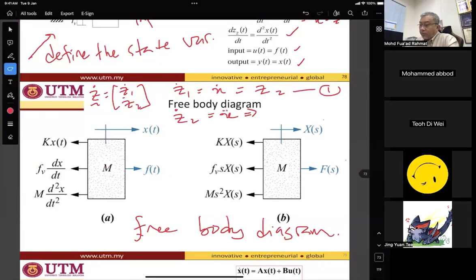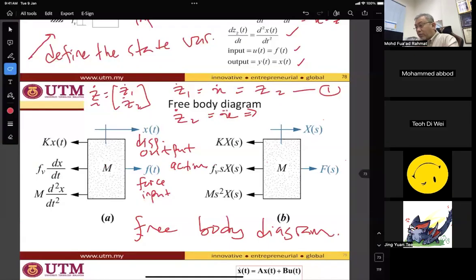So f(t) is the force, the input. x(t) is the displacement, the output. Okay, so when we give a force on the right hand side, automatically this is the action. Okay, the action.